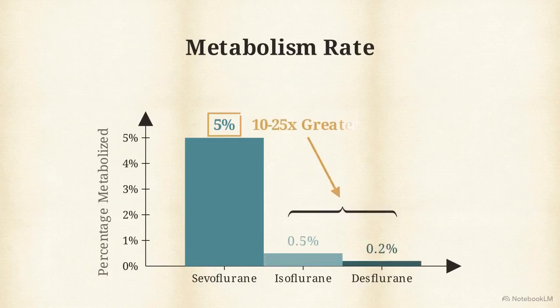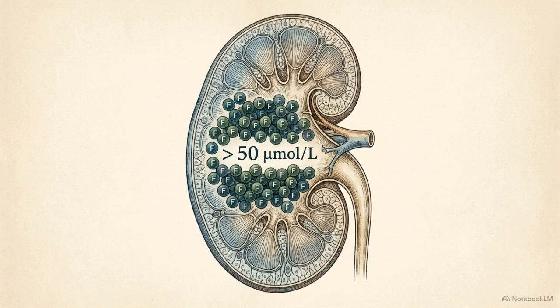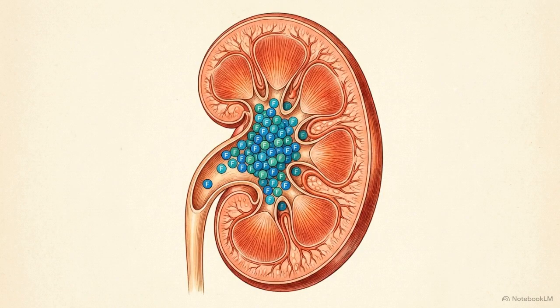At 5%, sevoflurane is metabolized 10 to 25 times more extensively than isoflurane or desflurane. This heavy metabolism generates inorganic fluoride ions. Some patients exceed threshold levels historically linked to theoretical nephrotoxicity. Yet the clinical reality is absolute. There is no clinically significant kidney dysfunction associated with sevoflurane anesthesia in humans from fluoride accumulation.